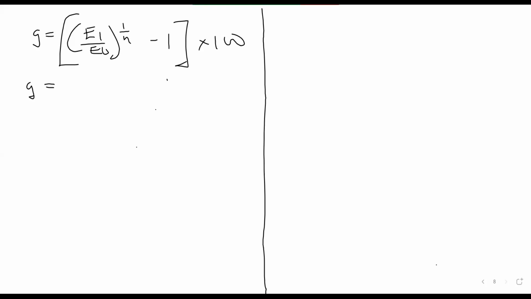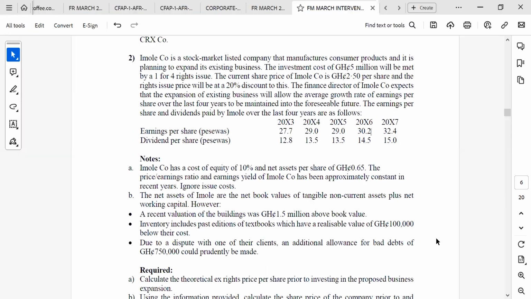Let's go to the question. What is our current earnings per share? The current earnings per share will be the most recent year, which is 32.4. And the initial earnings per share is 27.7.